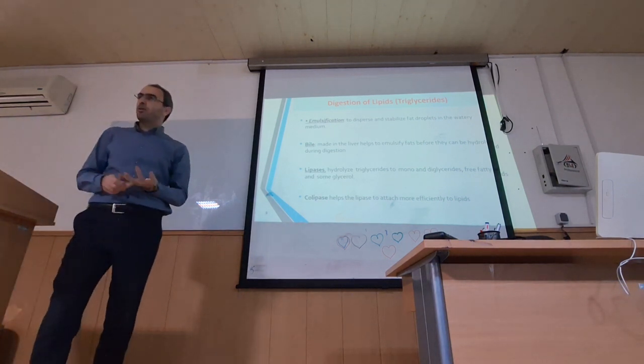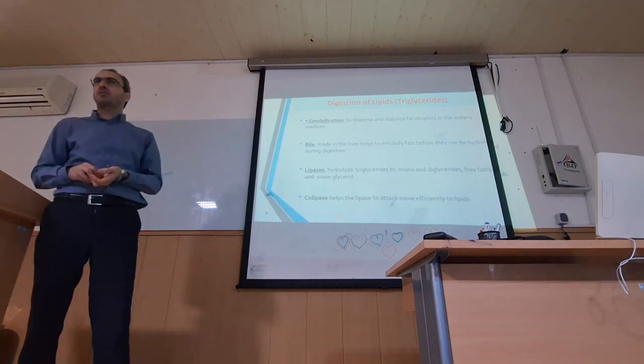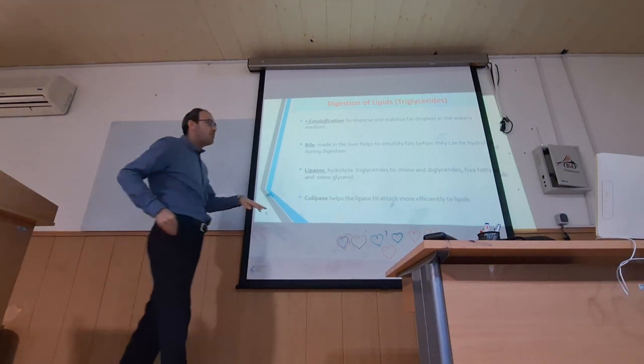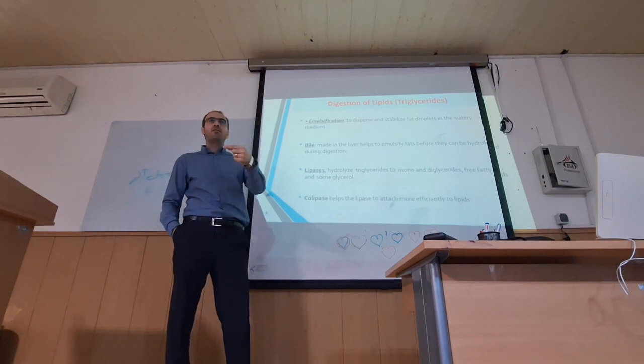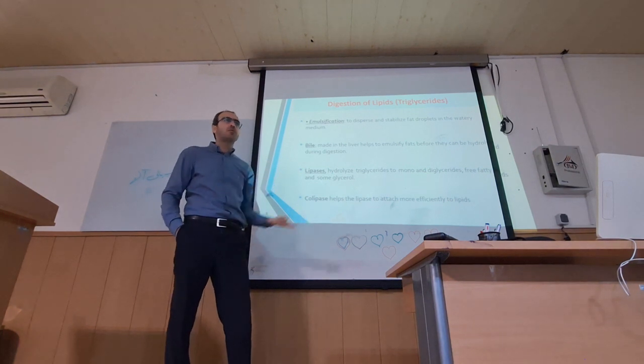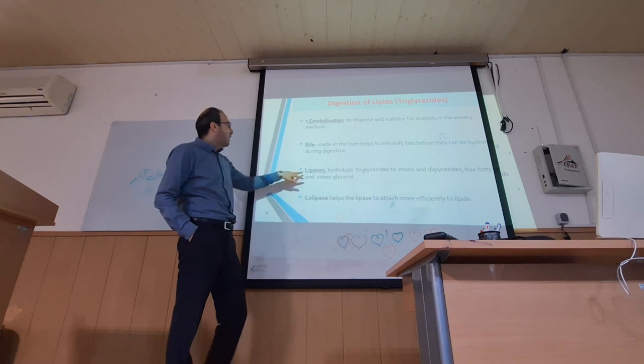Cholesterol is the main part of bile, and phospholipid, then bilirubin. It's made of these contents. And we will learn the main pathway for cholesterol disposal is converting to bile, which can then be excreted from the body.